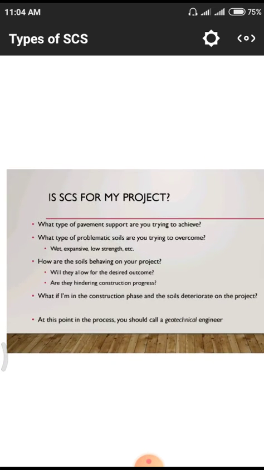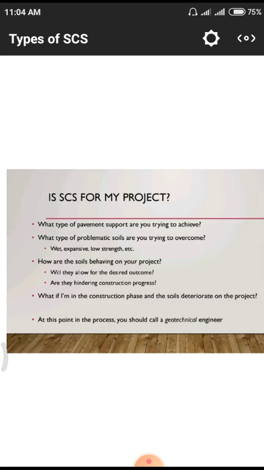How are these cement compacted soils useful for different projects? What type of pavement support are you trying to achieve? What type of problematic soils are you trying to overcome? How is the soil behaving on your project? These are the different questions.